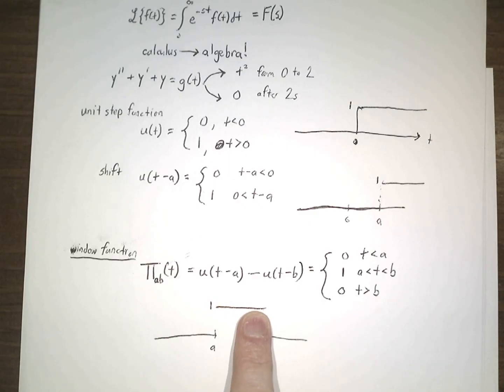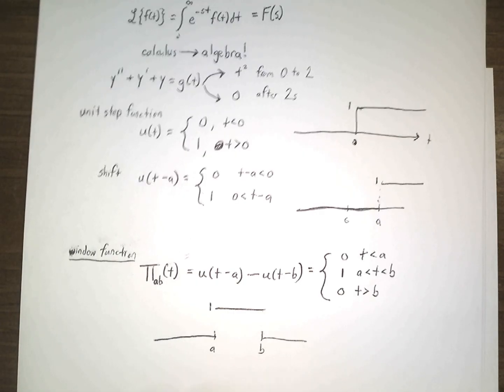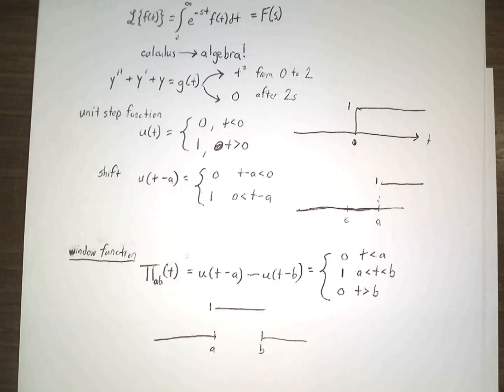So if I multiply my window function by 2t squared, I can make it behave like that quadratic just within these bounds and have it turn off or be something different somewhere else. So by adding together window functions over different shifts, we can build any piecewise function we want and then integrate it in our Laplace transform in one fell swoop.